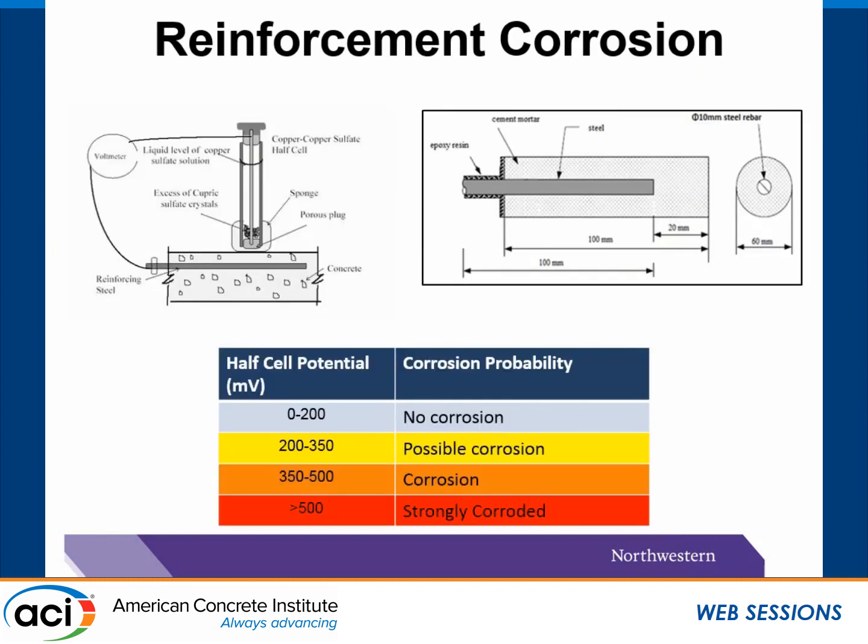A half-cell potential test is performed to measure the resistance to reinforcement corrosion. A steel rebar is embedded in mortar, and the half-cell potential is measured as an indication of corrosion activity probability.